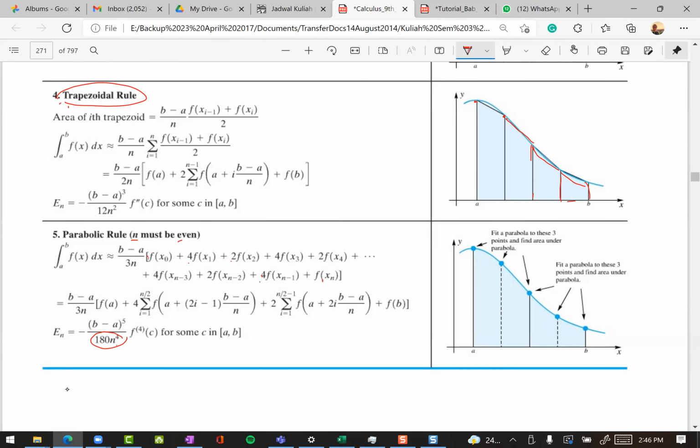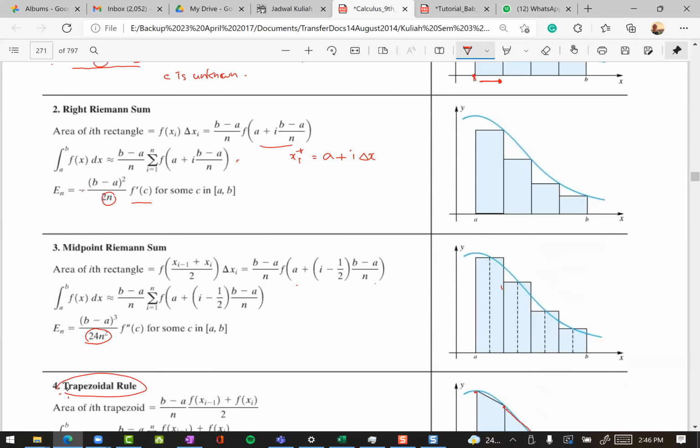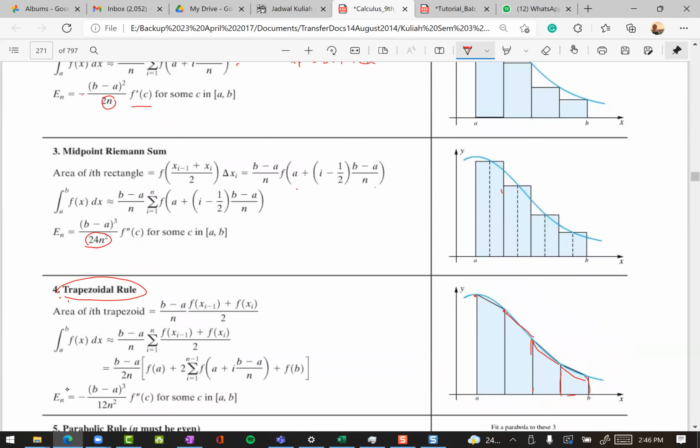Usually we give out this page, so you don't have to memorize the formula or the formula for the error.